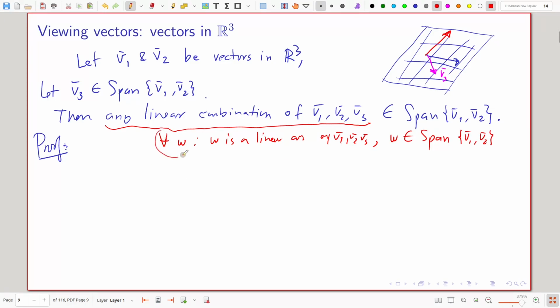Okay, this is like for all. When you say any linear combination, it means taking any vector W that is a linear combination. So to prove this, we need to talk about W first, right?